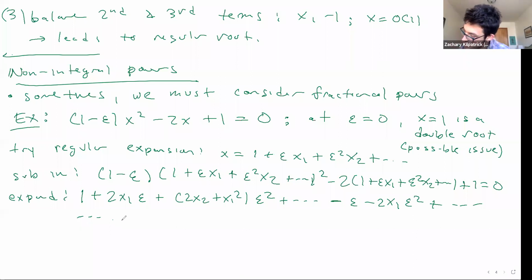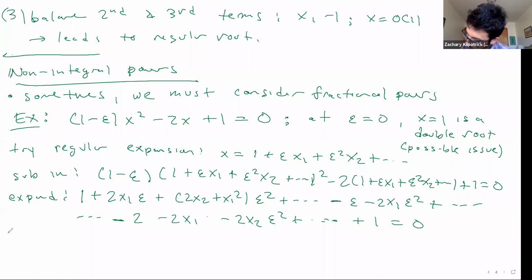Now I'll expand this term here. So you're going to have minus 2 minus 2x1 epsilon minus 2x2 epsilon squared plus dot dot dot, plus 1 equals 0. So this is all the stuff that comes from 1 times this. This is the stuff that comes from minus epsilon times this. This is minus 2 times that linear term, and then I have the plus 1 trailing on the end.